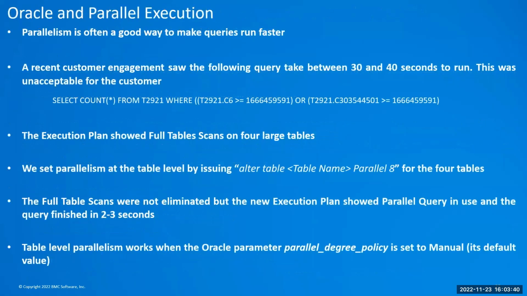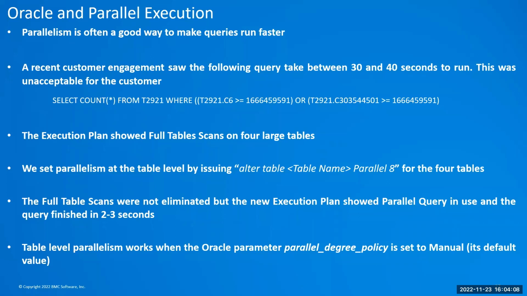Parallelism. I've been using this for the past few days for really, really recalcitrant, stubborn queries that refuse all other means of tuning. This is a query from 2 or 3 days ago. It was taking 30 or 40 seconds to run. It's basically a view on 4 large tables, with full table scans.